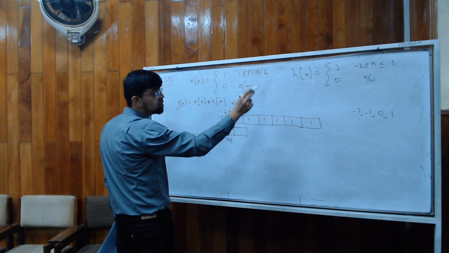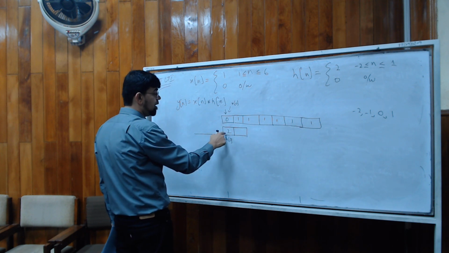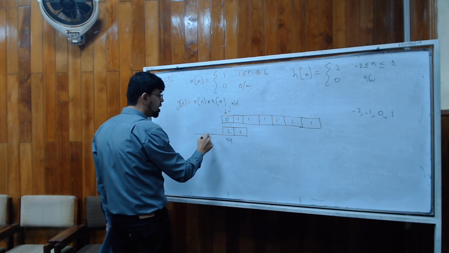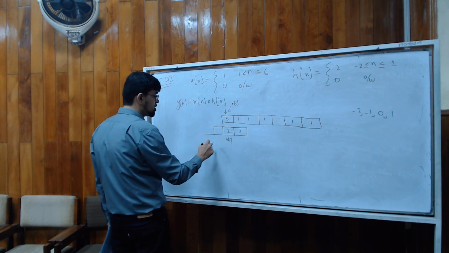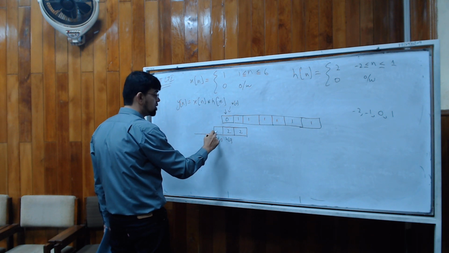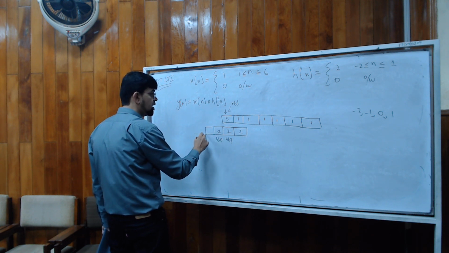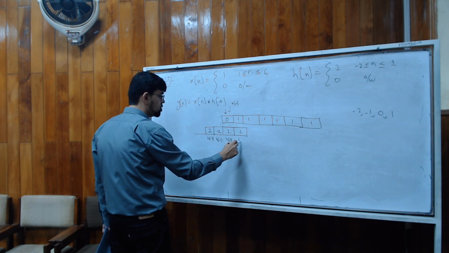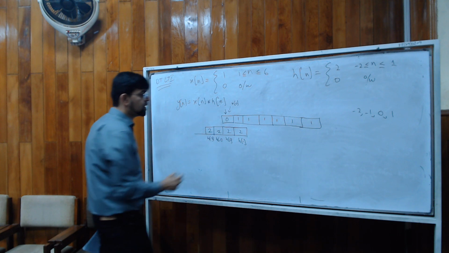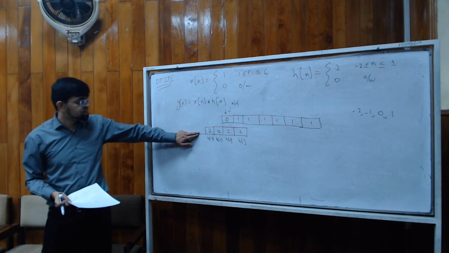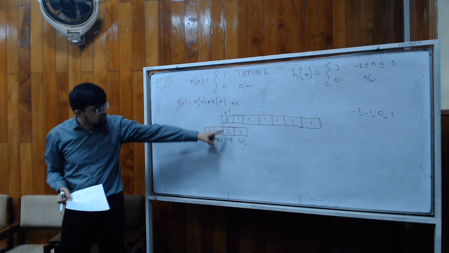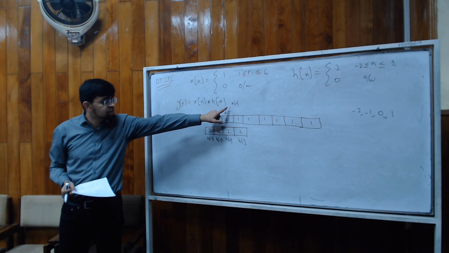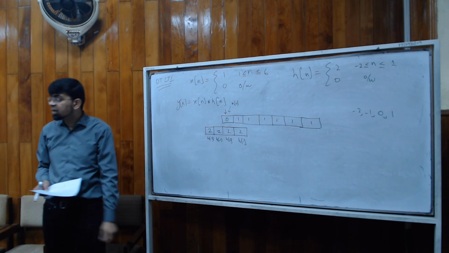So h0 is 2. After that we have h1, which is also 2. Before that we have h minus 1, which is also 2, and then h minus 2, which is also 2. So basically we have written out both the signal and the impulse response now, making sure that we align them at 0. h0 aligns with x0. It's shown by the arrow here.